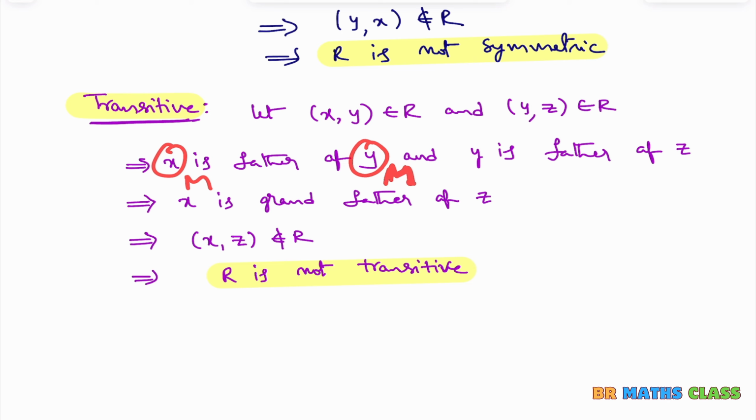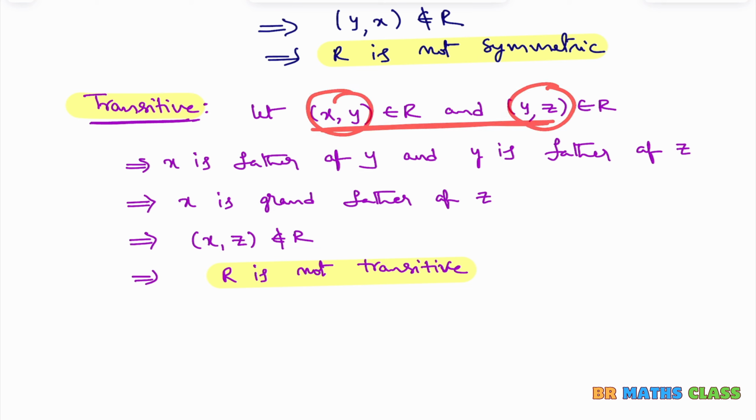If x is male, y is male, x is a father of y. Yes, it is possible. As y is male, y can be father of some z. What I am trying to say is, in this relation there exist such pairs x comma y and y comma z. Such a type of pair will exist in the relation.